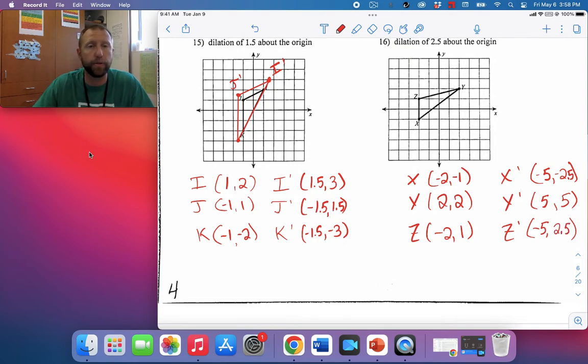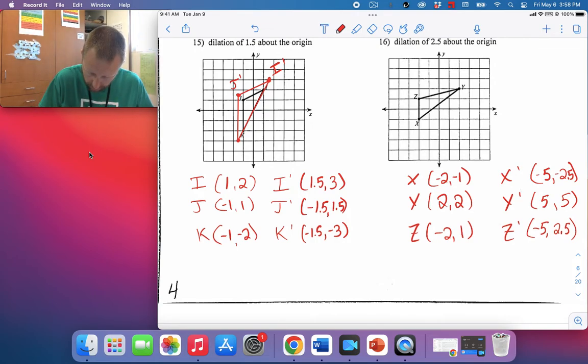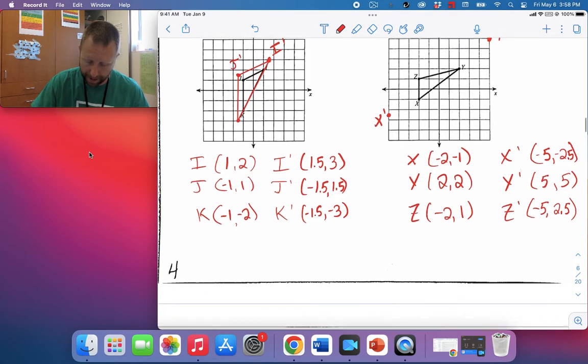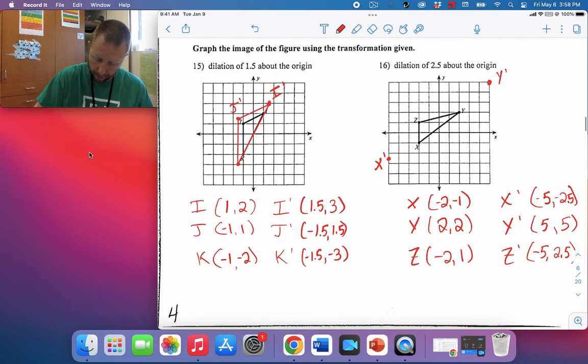And then just graph those new points. X prime is at -5, so that's left 5 and then down 2.5. That's X prime. Y prime is at 5, 5, over 5, up 5. That's in this corner right here. And then Z prime is at -5, so over to the left all the way, up 2.5.